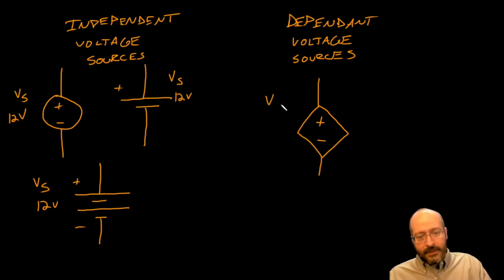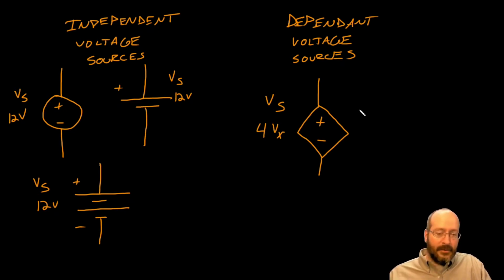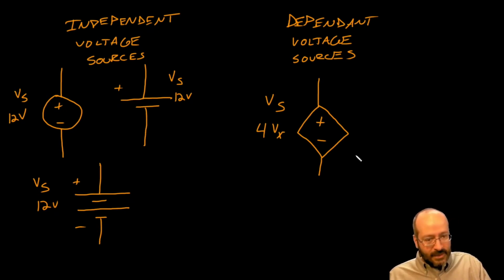Now it's still a voltage source, and it could be labeled as 4Vx, which I believe was the same as before. So this one's going to put out a voltage dependent on a voltage. Now you may also see it labeled 4Ix.